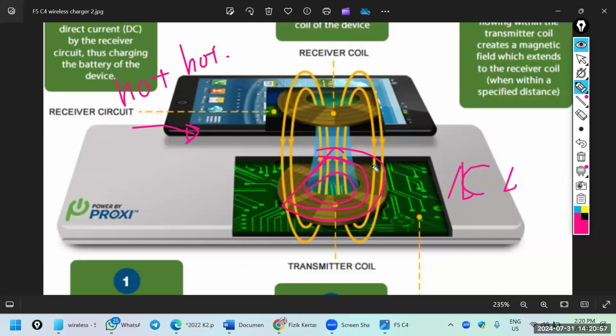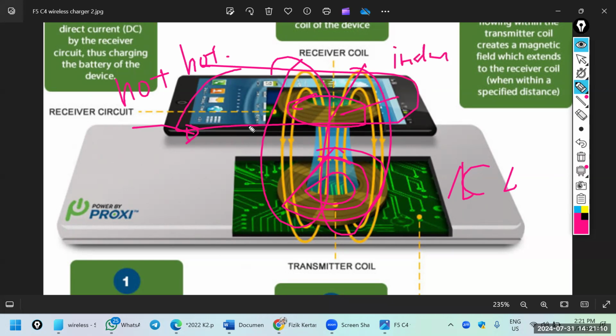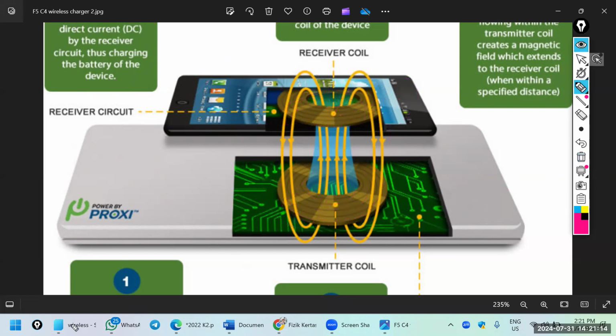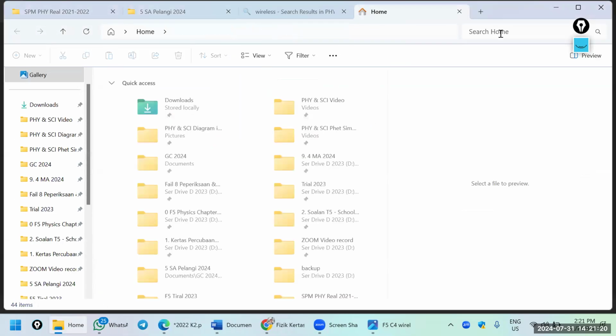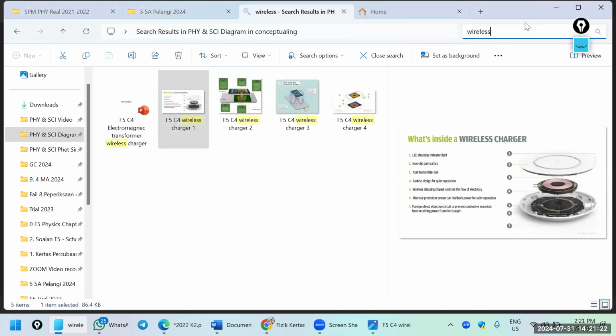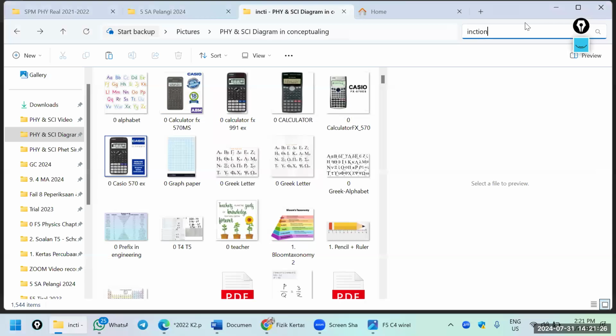DC will produce magnetic flux, which cuts on the coil in your handphone. Then they will produce induced current here and charge your handphone. And same thing as the induction cooker.